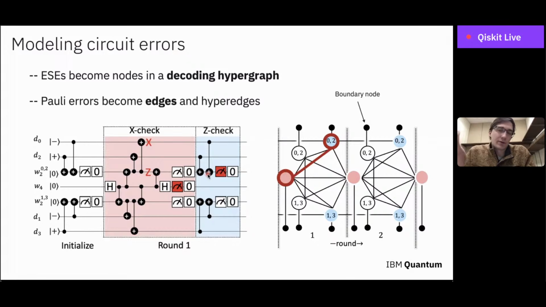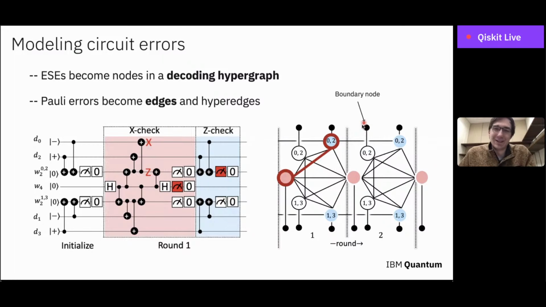Now, there are other errors that could also draw the same edge. So this edge has contributions from different errors, actually. And then I also want to point out that there are some errors that trigger just a single node in the graph. And so these get connected to what's called the boundary node, just so that we actually have an edge representing those errors. If it just triggered one event, we couldn't draw an edge.